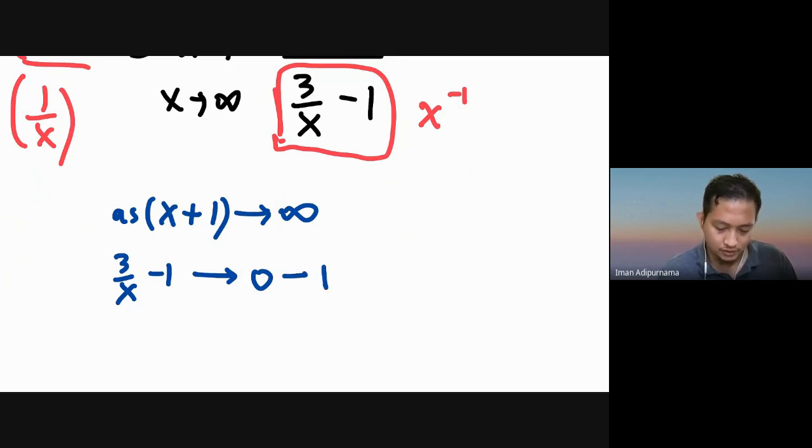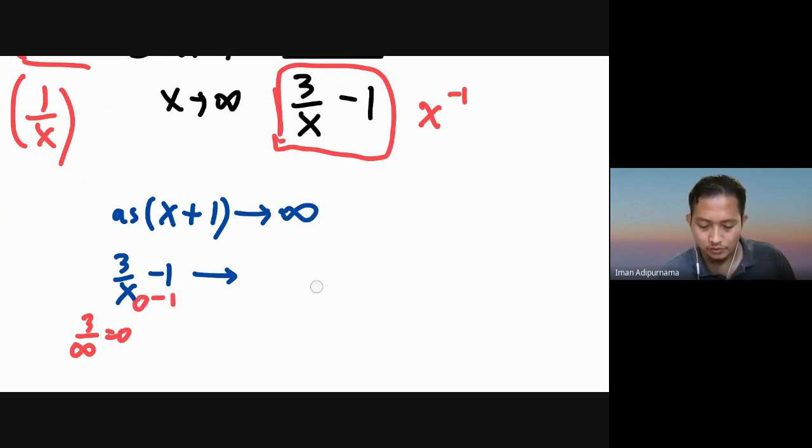So this is going to 0 minus 1, which is minus 1. So you have negatively large.